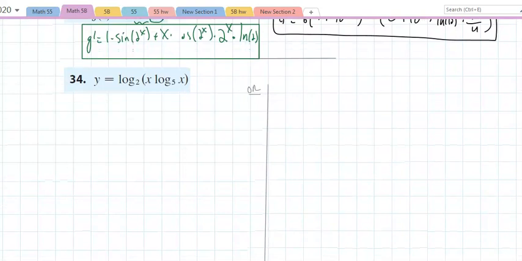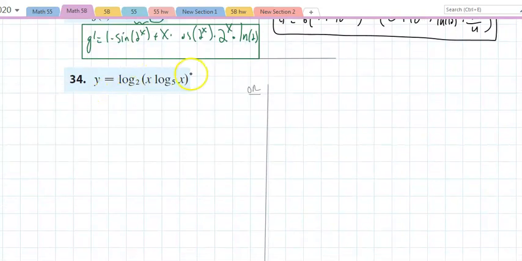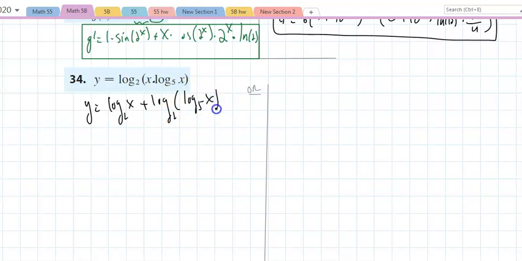That's why I really didn't spend much time on it or explain how that works, because it's really straightforward in that sense. And if I take a derivative here, there are a couple of ways I could do this. Actually, I could expand that. I'll do that brute force and I'll do it both ways. I'll say that's log base 2 of x plus log base 2 of the log base 5 of x.